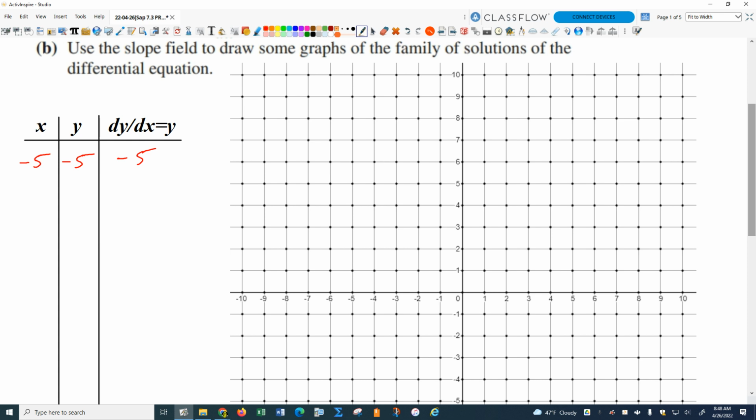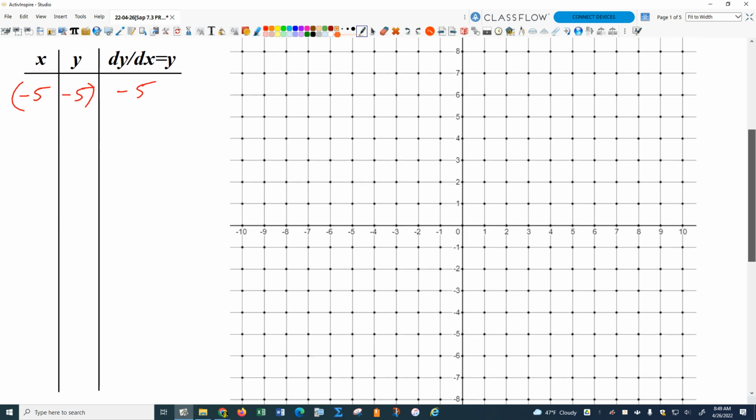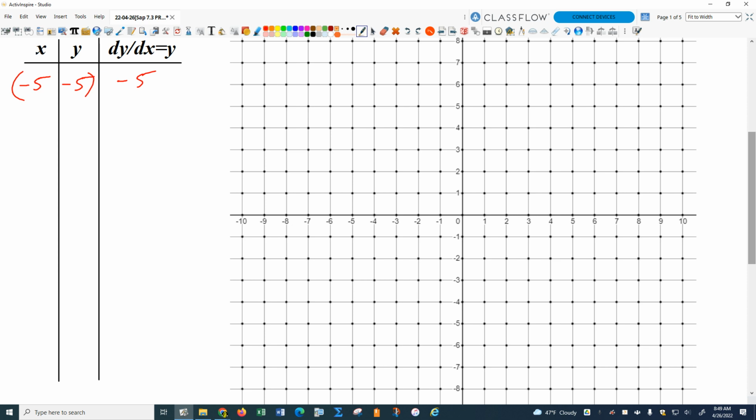So I would go to the point with coordinates -5, -5, which is right there, I guess, right? And I'm going to make a line, just a little line segment that has a slope of, well, I'll just write it. Something like that, right? I just make a little line segment.